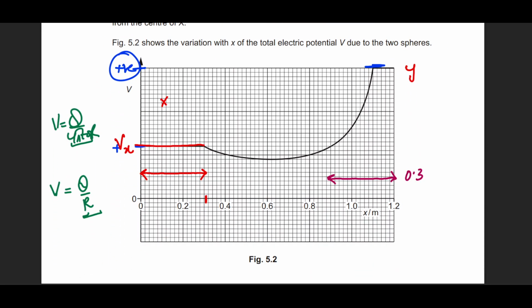Read the graph at this point, and you will see that the potential comes out exactly the same. So putting in the value of R, 0.3, for both X and Y has led to the same value of potential, which means that the value of Q must have been the same on both of them. They both have the same magnitude of charge.